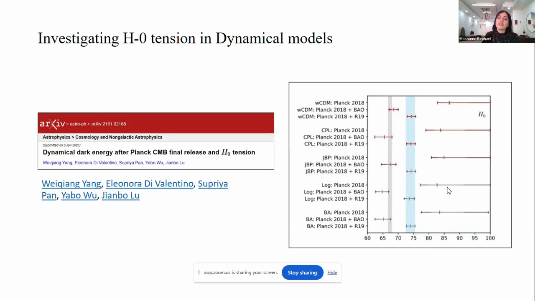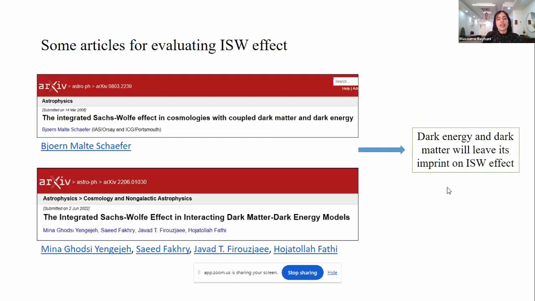So it motivated us to use these models to study the ISW, combining that article with another article that studied the ISW effect, whose results have shown that the nature of dark energy and dark matter affects the ISW effect.